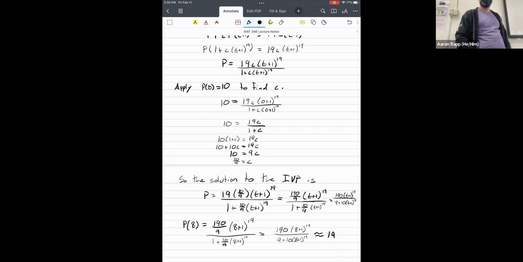Let's do fit to window. Looks like everyone was able to get everything. Right, good.